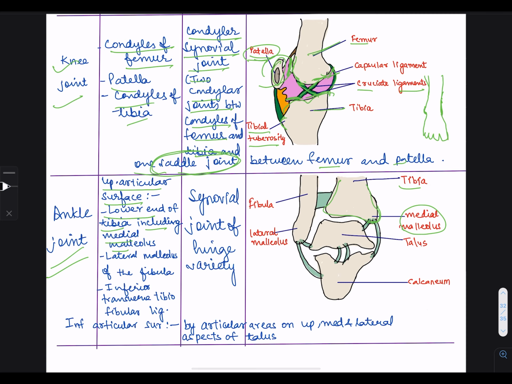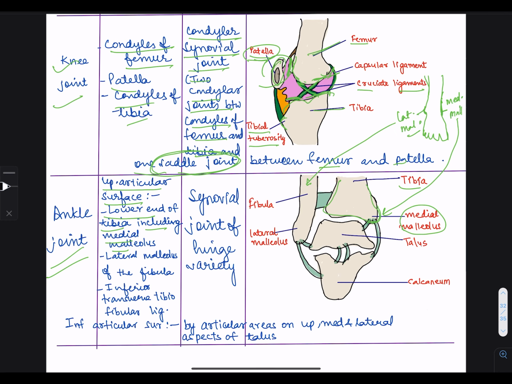The protuberance towards the greater toe is known as medial malleolus, and towards the little toe is known as lateral malleolus. This lateral malleolus is formed by fibula, and this medial malleolus is formed by the tibia. I hope you understand by drawing it this way.